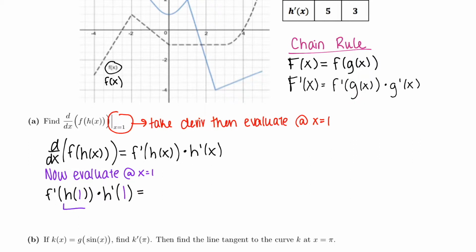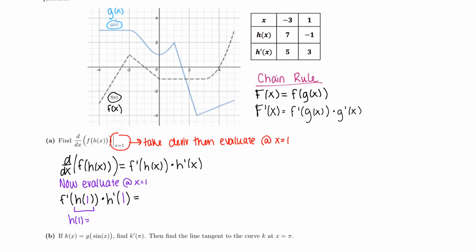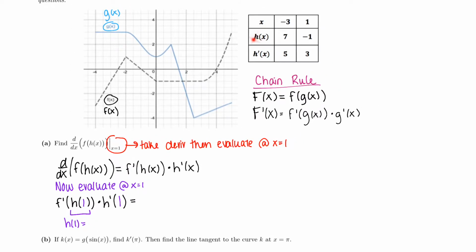Okay. h of 1 we can get from the table. So h of x, if x is 1, h of x is negative 1. h prime of 1, here's h prime, here's 1, is 3.